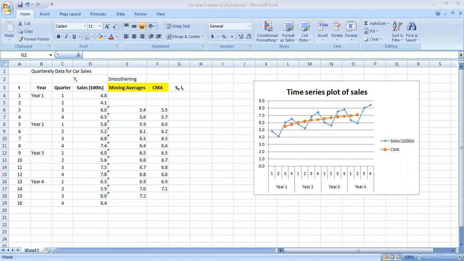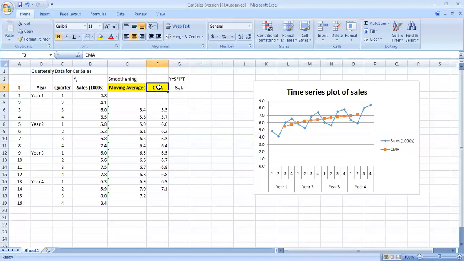In the multiplicative model, the sales value equals the seasonal component times the irregularity component times the trend component. So in order to come up with ST and IT, you have to divide Y by the trend.